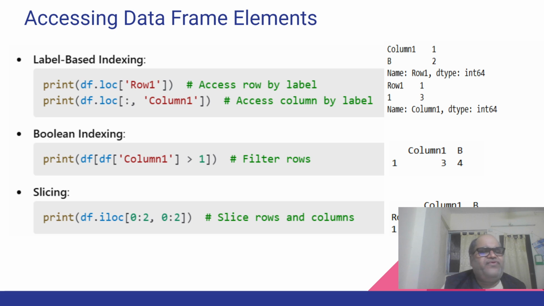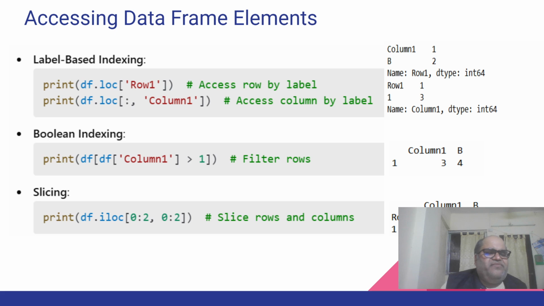The first output, where you are looking at loc of row 1, what was it? It was 1 and 2, column 1 and B2. That's the output that you are expecting, right? And when you are calling loc just by column 1, you will get 1, right? And if you look at all the rows for column 1, they are 1 and 3, right?